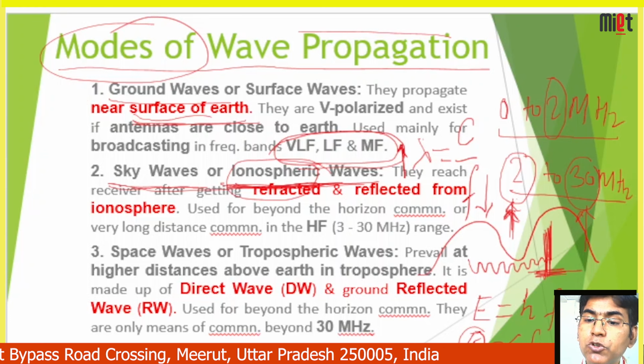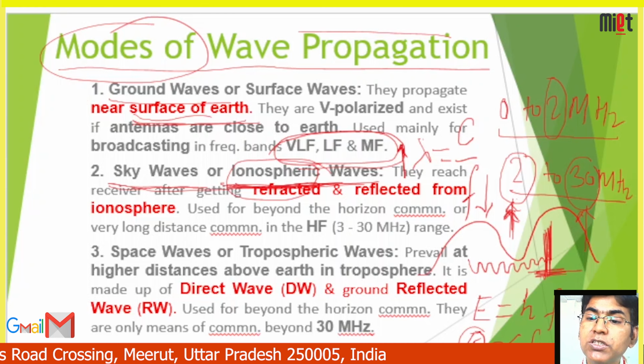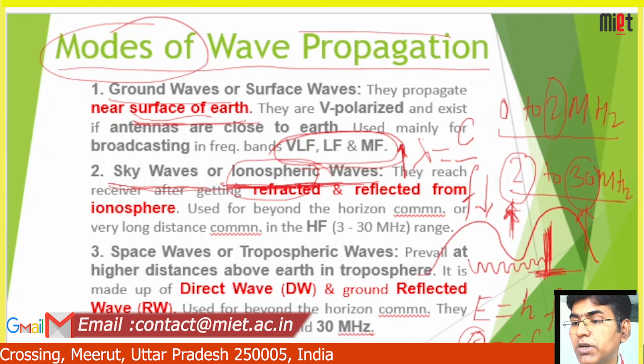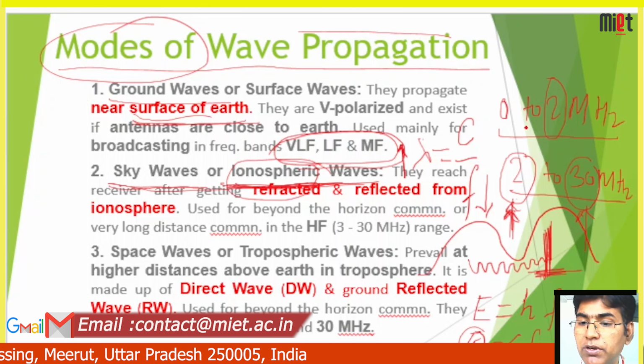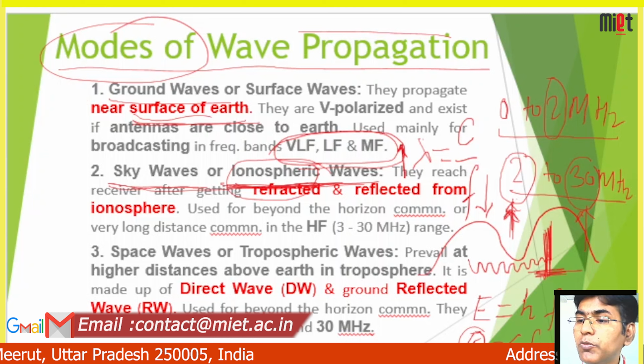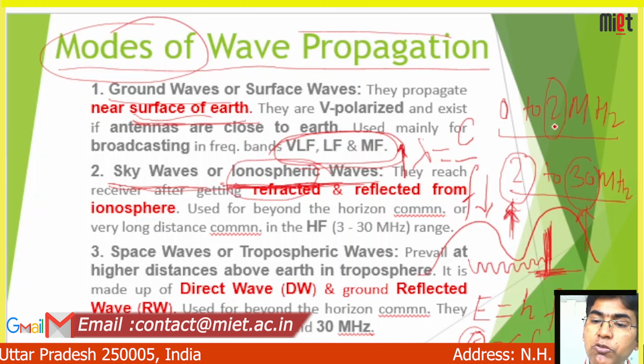So the wave should be in such a frequency range that it could cross the building, and that frequency range is 0 to 2 megahertz, because lower the frequency, higher will be the ability of bypassing the obstacles on the earth. 2 megahertz is the highest frequency which is suitable for ground wave propagation.